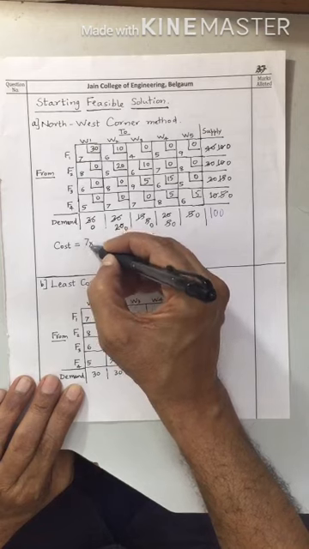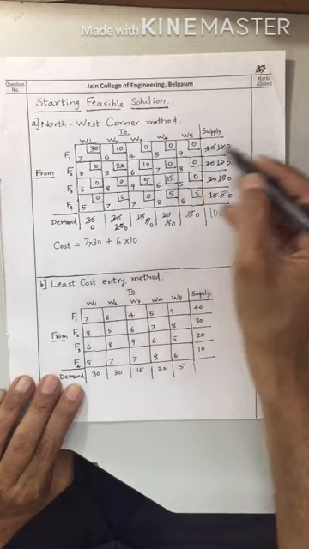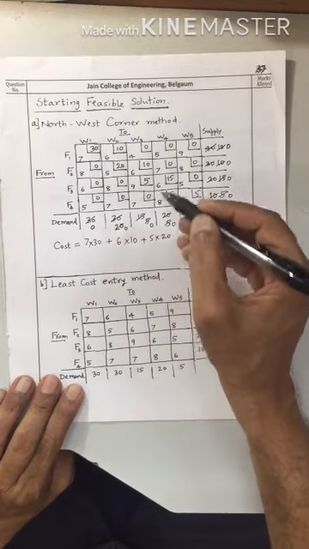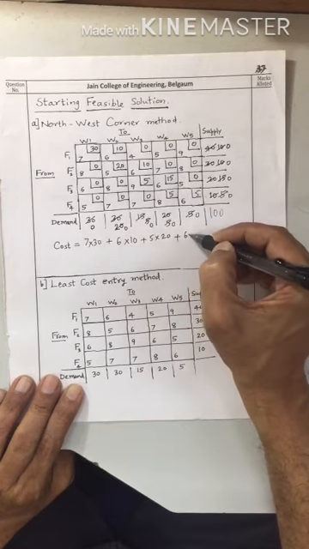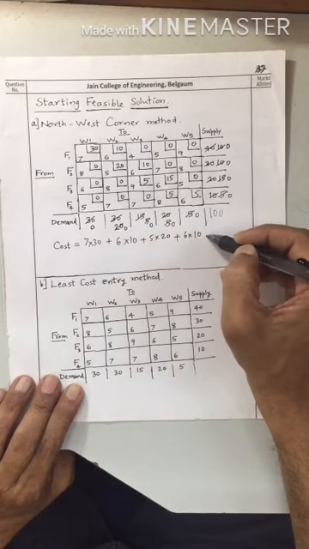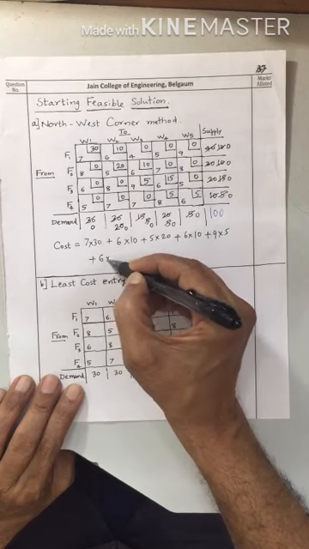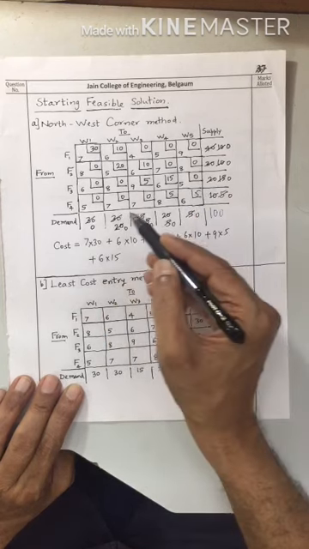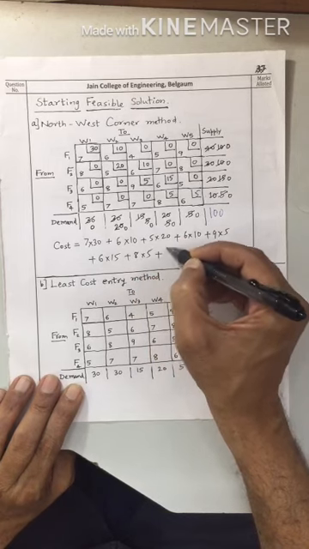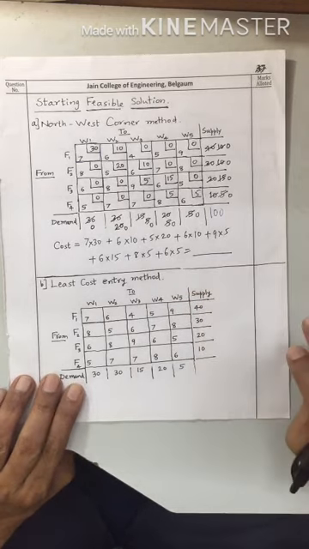This is 7 into 30, plus 6 into 10, plus 5 into 20, plus 6 into 10, then 9 into 5, plus 6 into 15, plus 8 into 5, plus 6 into 5. This will give you the cost associated with this plan.